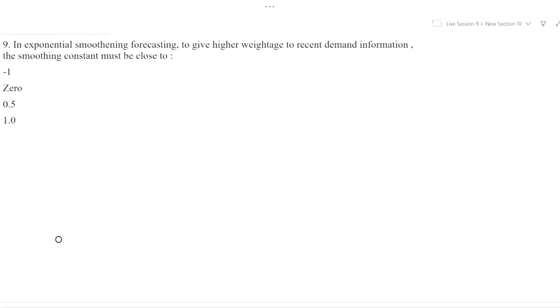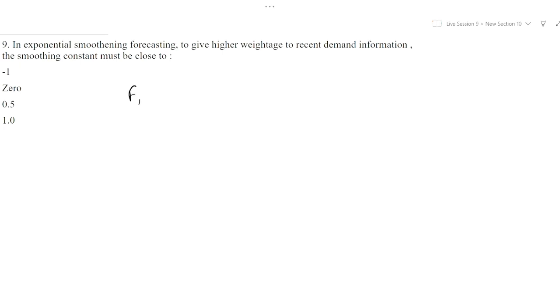In exponential smoothing forecast, to give higher weightage to recent demand information, the smoothing constant must be close to what? Now, here in the exponential smoothing method, Ft is equal to Ft minus 1 plus alpha times Dt minus 1 minus Ft minus 1.